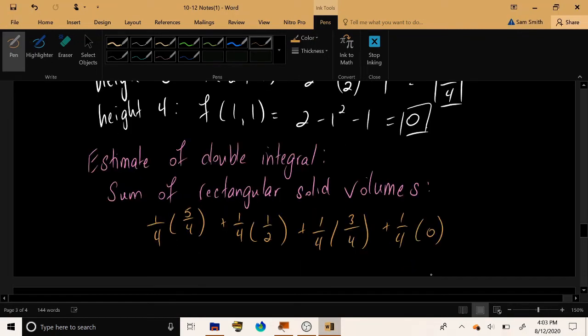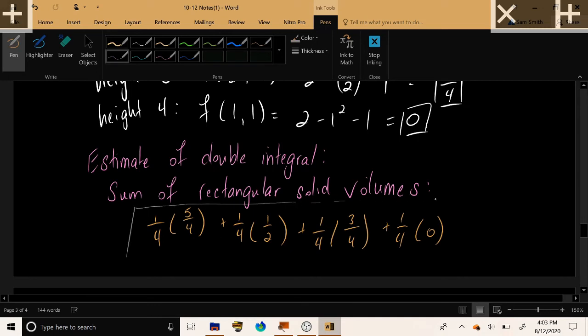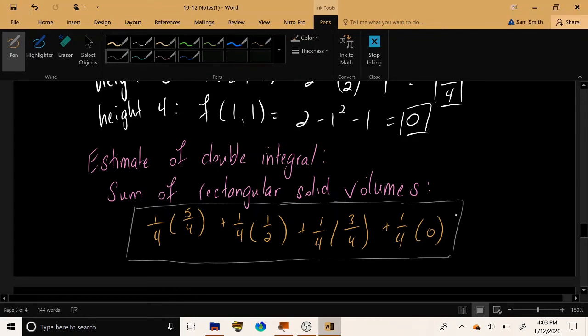Now you can do the arithmetic and add all of this up, and this number is an extremely poor estimate for the value of this double integral of this particular function. And what we will be developing as we go forward are techniques that can be used to actually calculate these double integrals instead of just estimating them.